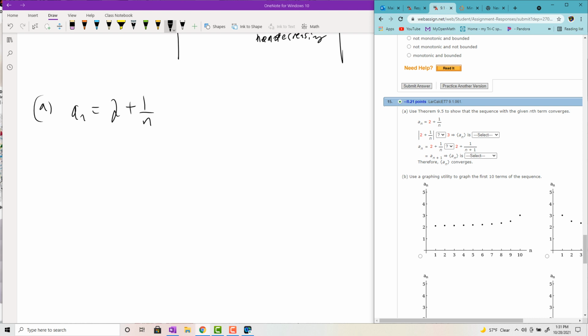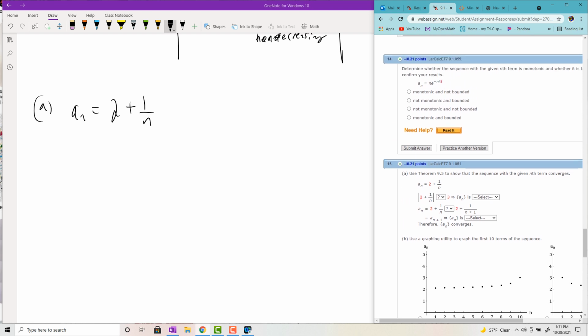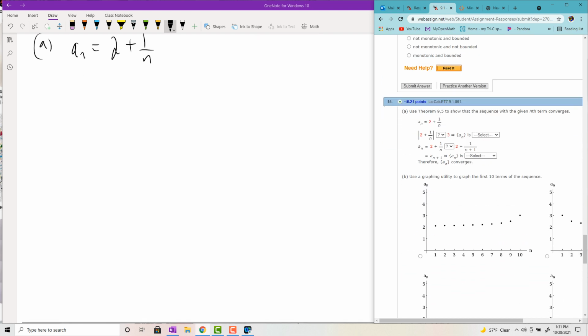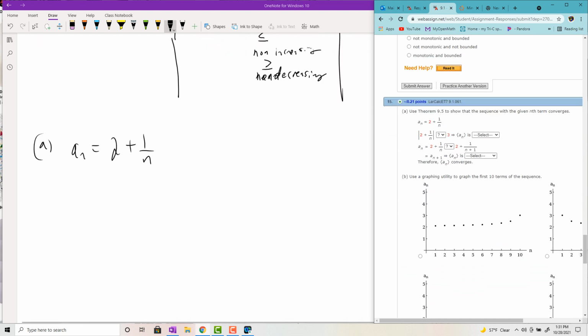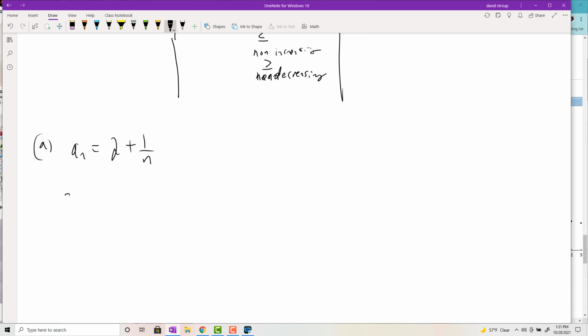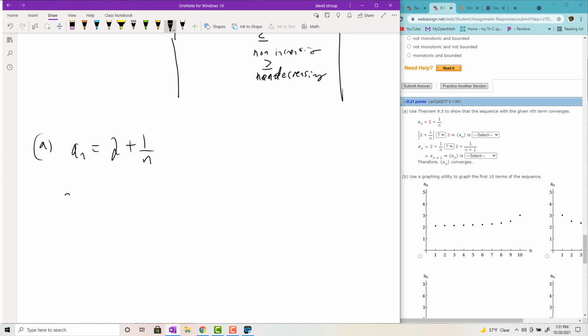You see they're comparing a sub n and a sub n plus 1. What I would recommend is just do a difference: a sub n plus 1 minus a sub n, and look at that. a sub n plus 1 is just a sub n with n plus 1 in it instead of n.